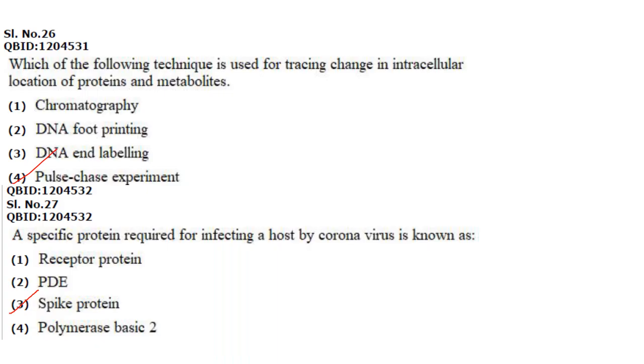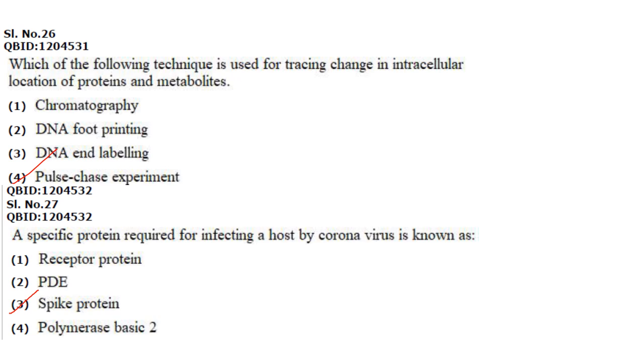So coming to the first question, which of the following technique is used for tracing change in intracellular location of proteins and metabolites? Chromatography, no, it is used for separation. DNA footprinting, it is used for detection of protein DNA binding specificity.